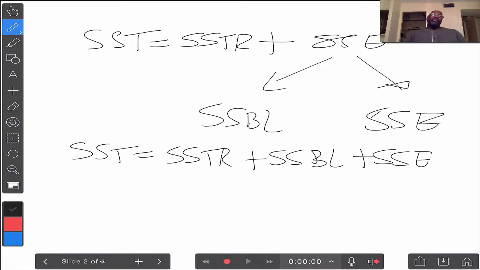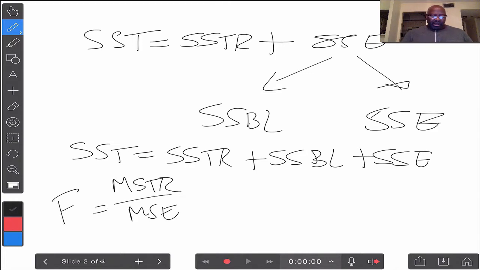And that now will help to improve the sensitivity of our tests, because when we take MSTR over MSE for our F statistic, it does not include the noise that is created by the differences amongst the blocks, in this case, the automobiles. All right? So you already had formulas for SST, SSTR, SSE, but we're going to expand them a little bit. Not modify, but expand it.